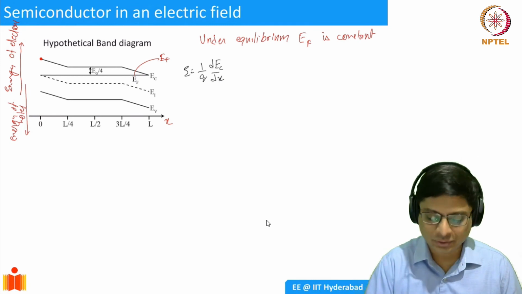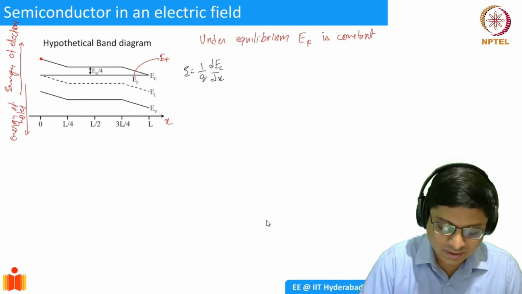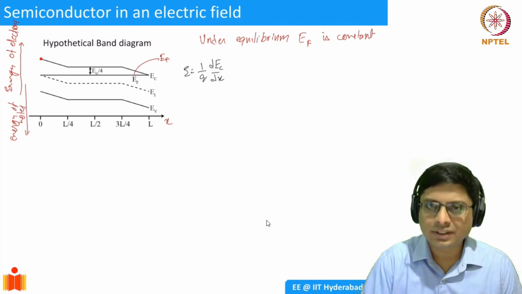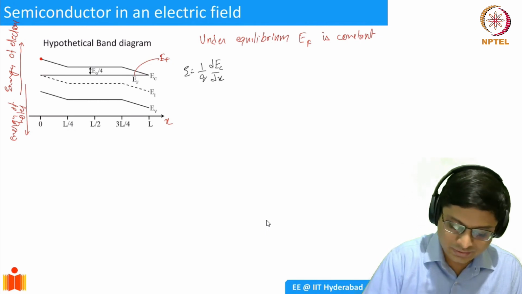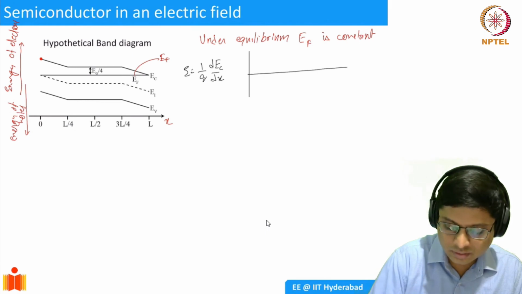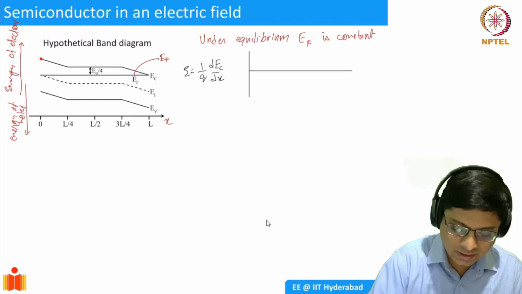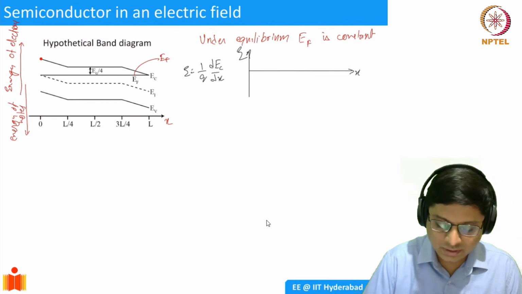So Q might be better on some occasions. Electric field is equal to the gradient of the conduction band. So if I want to draw the electric field, it's going to be this way. This is going to be my x, and this is going to be my E, right?